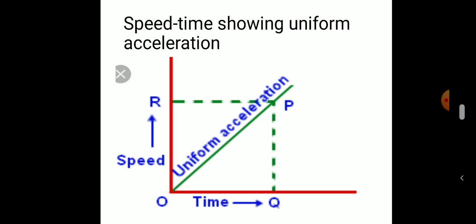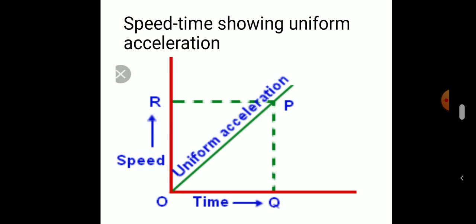If you observe the graph, at time t is equal to 0, the speed is also 0. But as time passes, when the object reaches time is equal to q, the speed of the object is equal to r. If you take the slope of this graph, you will get the acceleration at any point.